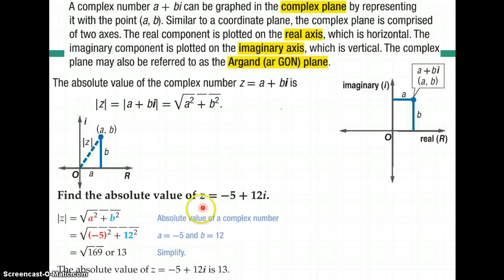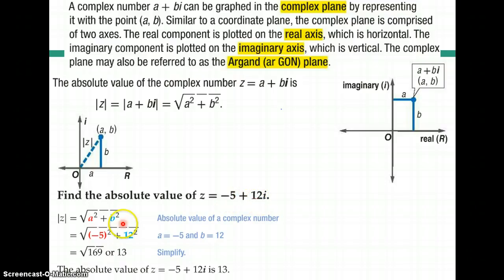Let's find the absolute value of the complex number z equals minus 5 plus 12i. We know the absolute value of z equals the square root of a squared plus b squared. Here a equals minus 5 and b equals 12.